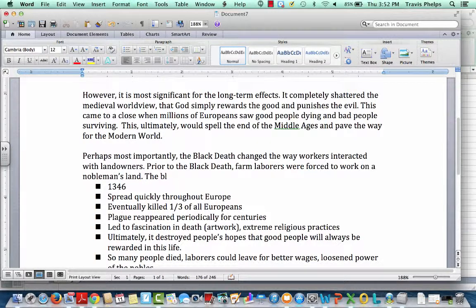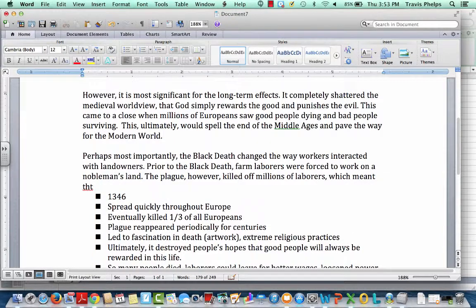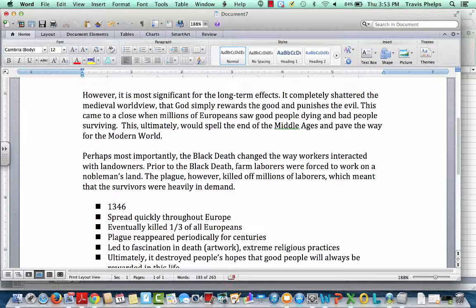And I will change the wording because we don't want to repeat it too many times anyway. The plague, however, killed off millions of laborers, which meant that the survivors were heavily in demand.